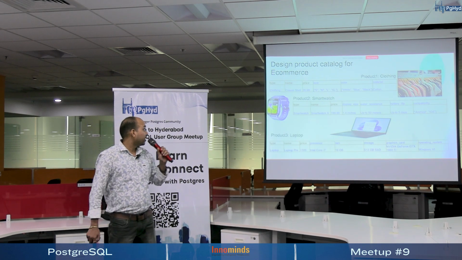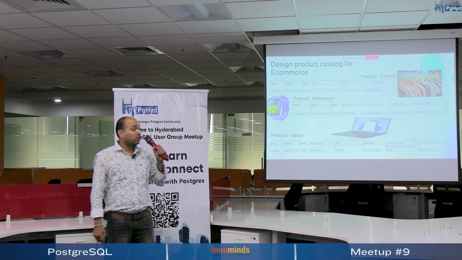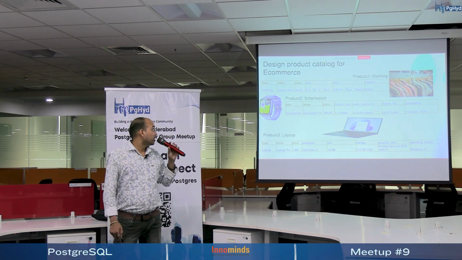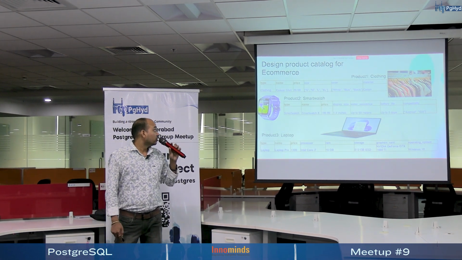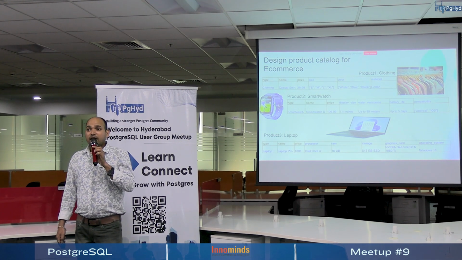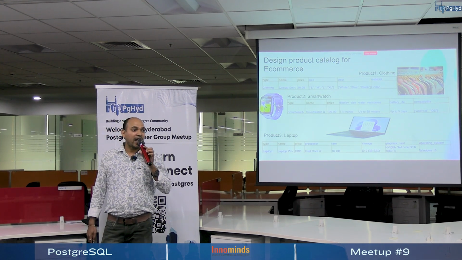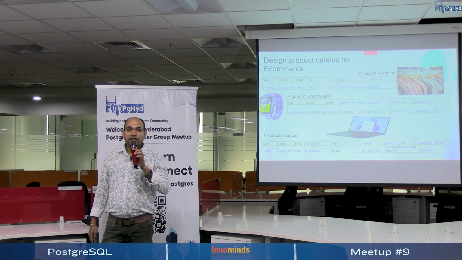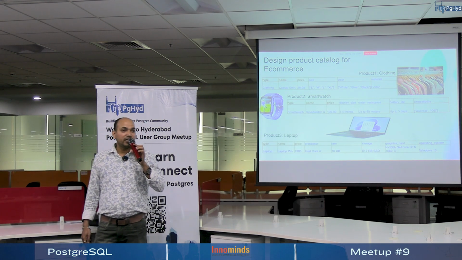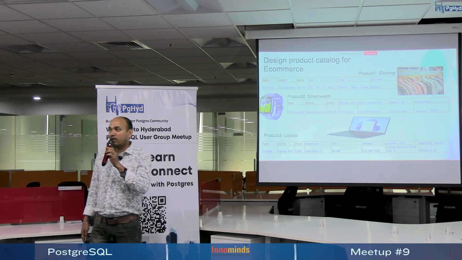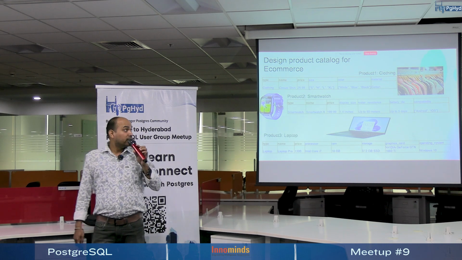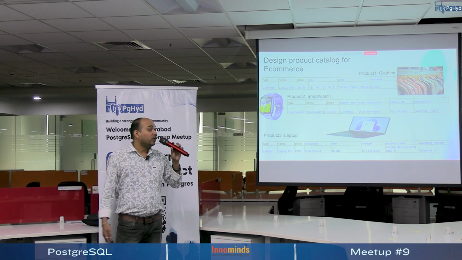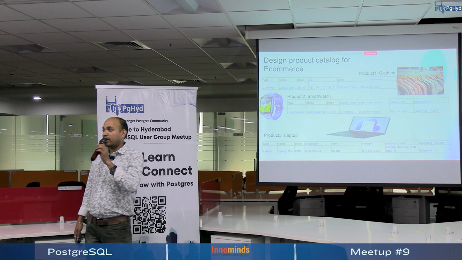So let's take one business use case, which is e-commerce. If you see on the screen, I have just taken a product catalog scenario. When you design the data model within Postgres, here I have only taken three different types of products.